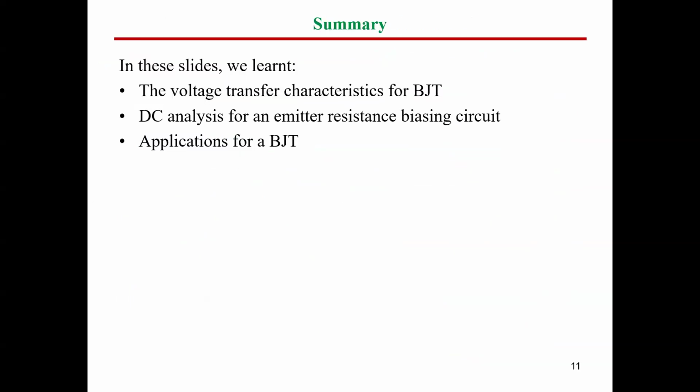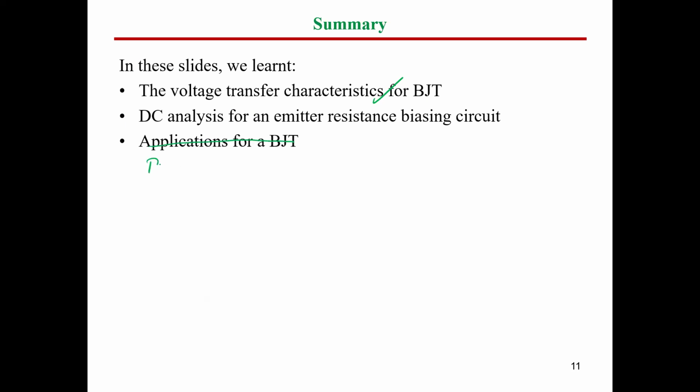So this is our class today. So as a summary, we learned the DC analysis, biasing circuits, the voltage transfer characteristic we already learned and discussed in the previous class, guys. So we learned the DC analysis circuit, also not the application. This has been learned in the previous class.